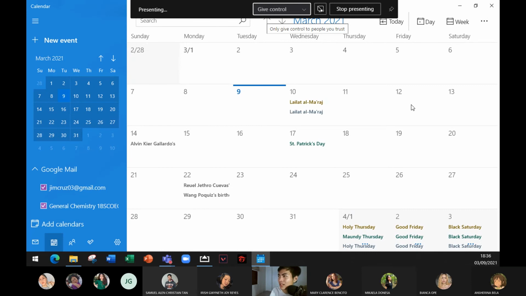So last discussion natin, Friday, free time nyo na yan. So ito, March 15 to 20, ito yung official anniversary ng ating lockdown. Ito yung midterm nyo rin. Okay. So midterm yan. Midterm exam dito. Then by next week, dito na lang ulit tayo magkikita for the grade consultation. Papakita ko sa inyo yung grades nyo.